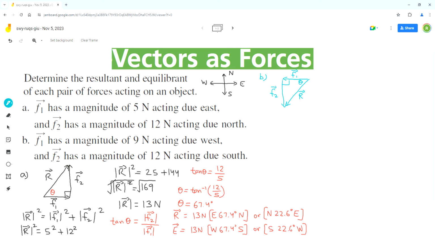So we'll use the Pythagorean theorem to find the magnitude of the resultant. Now we can sub in the values.